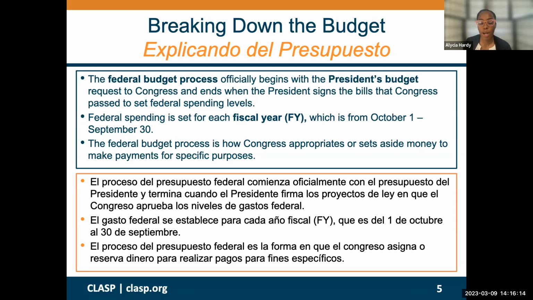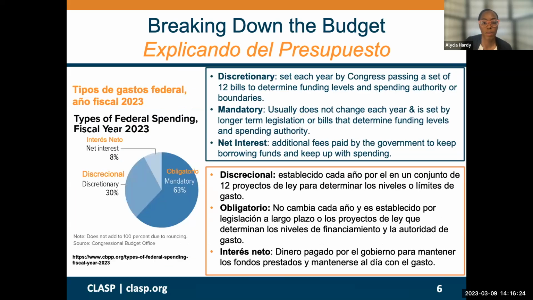The federal budget process is essentially how Congress appropriates or sets aside money to make payments for specific purposes. Before we get into the nitty-gritty, let's talk about the three parts of the federal budget.